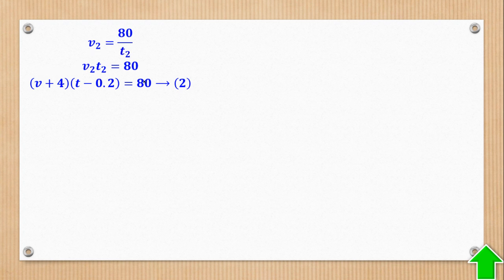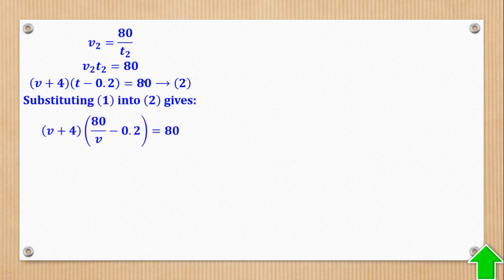That gives you equation 2. Then you substitute for t, because the question wants the value of v. Where there is t, put the 8 over v from equation 1. Now I have only one unknown, which is v. My work is to simplify and solve for v.